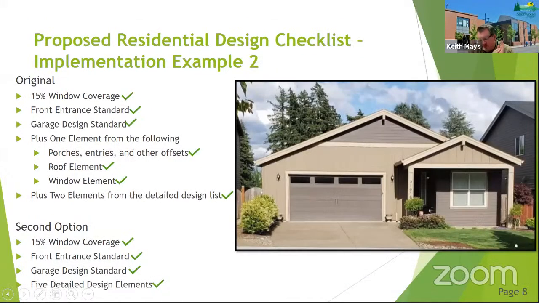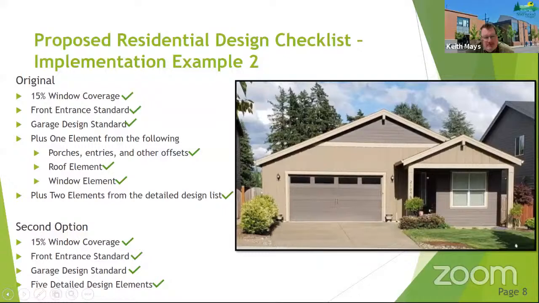So from my perspective, I support the Planning Commission's comment that the original checklist is the way to go. I also like the 15 in the front, the 15 in the back if it's a double frontage lot, and 10 on the side, if it's along a public right-of-way, trail, road, whatever.